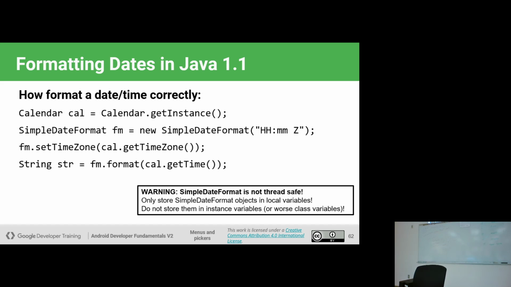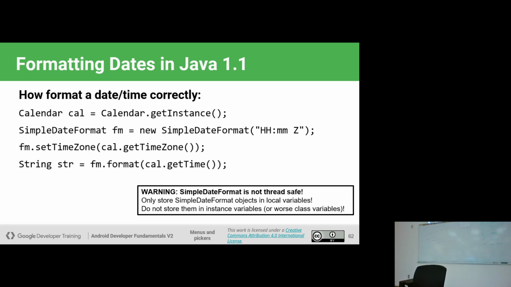So what that means, whatever you do, don't put that simple date format in anything other than a local variable. Don't keep it around any longer than you have to. Don't worry about creating a new one every second. Go ahead and create a new one every second. It's worth the trade-off. So we only want to put these in local variables.